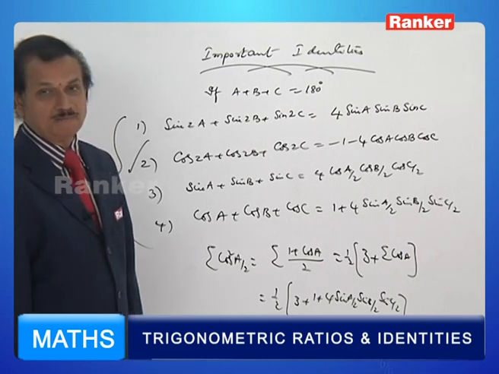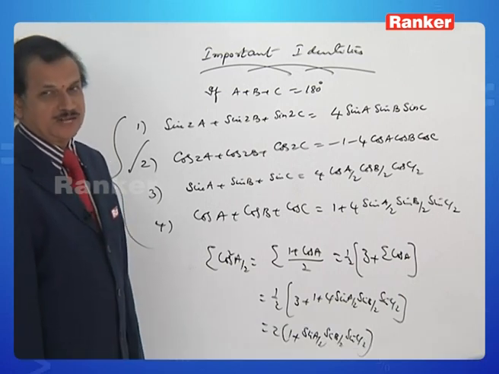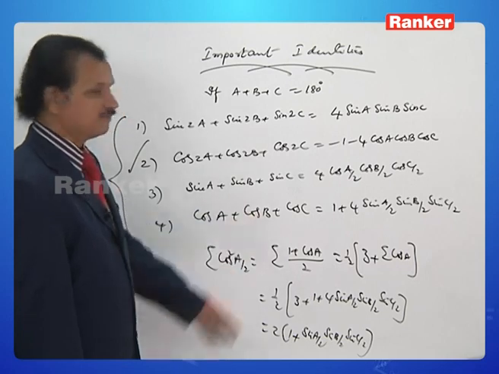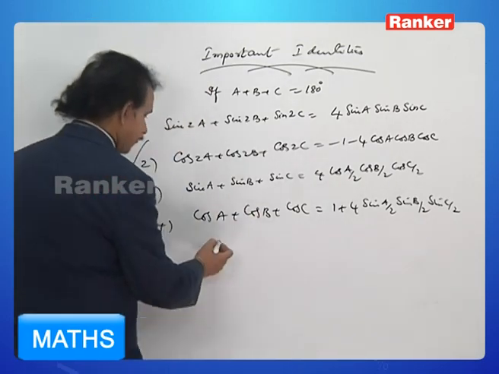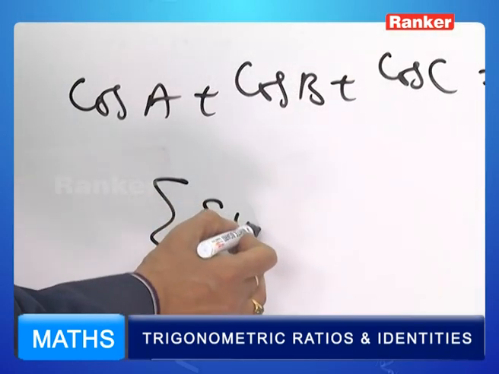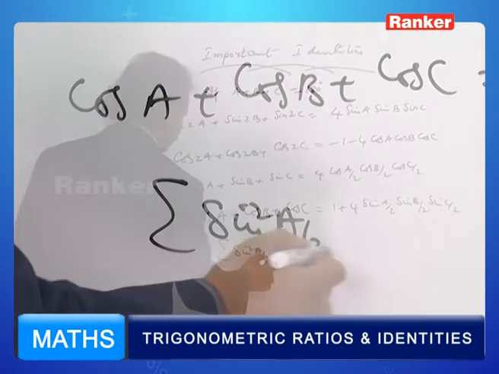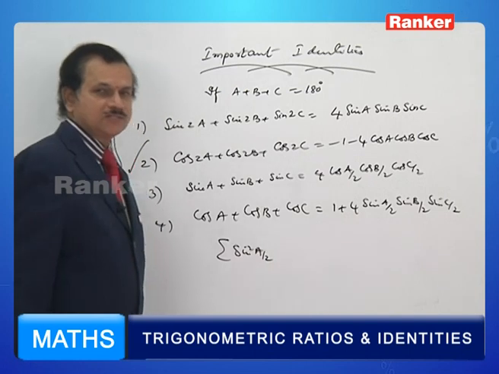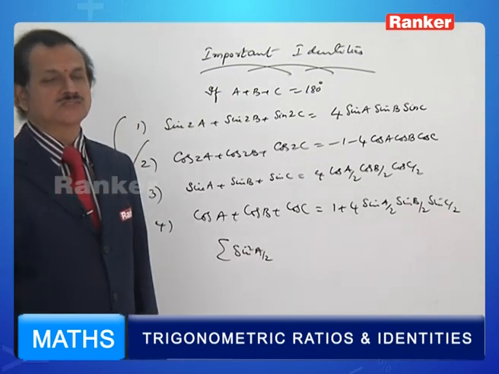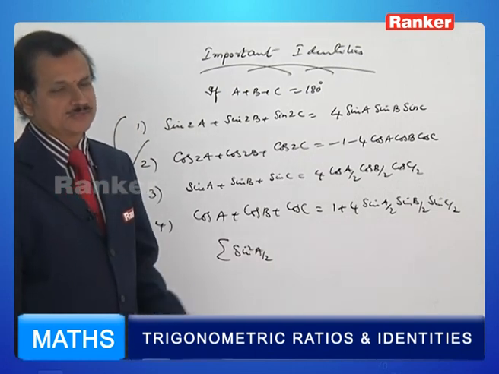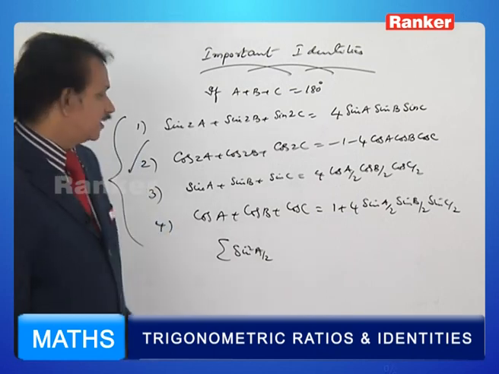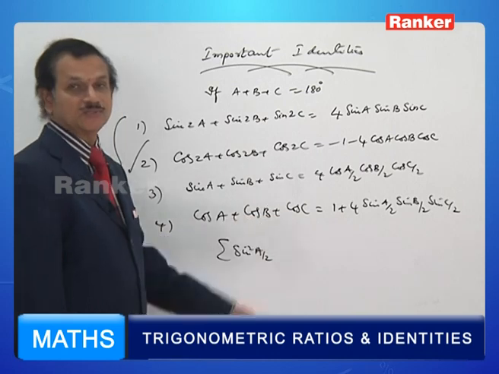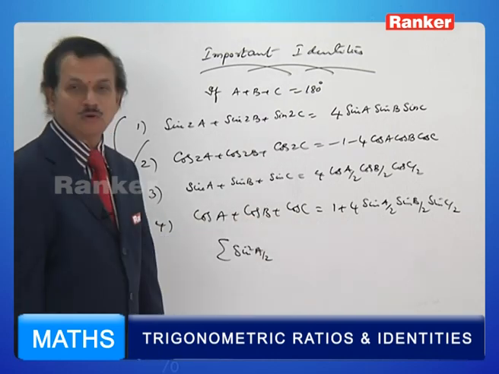There is one more result that can be directly derived from this. What is that? Sigma sine square A by 2. What is sigma sine square A by 2? Sine square A by 2 plus sine square B by 2 plus sine square C by 2. That can also be directly obtained by making use of identity number 4.